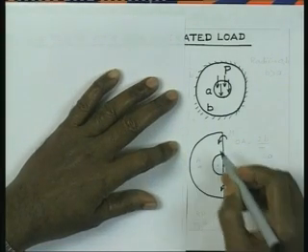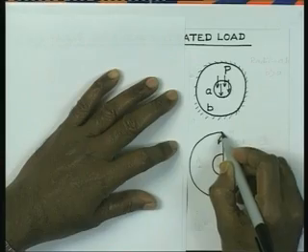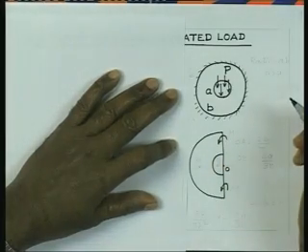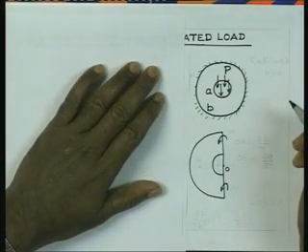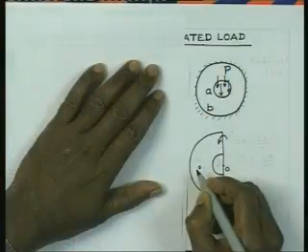Now, if we consider the reaction at the supports which is going to be uniformly distributed, it will have some intensity, that can be very easily found out. That distributed force would have a center somewhere there.